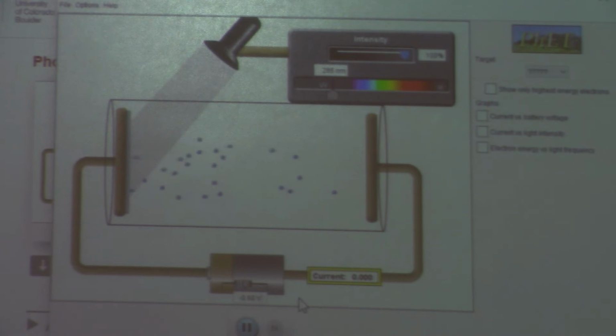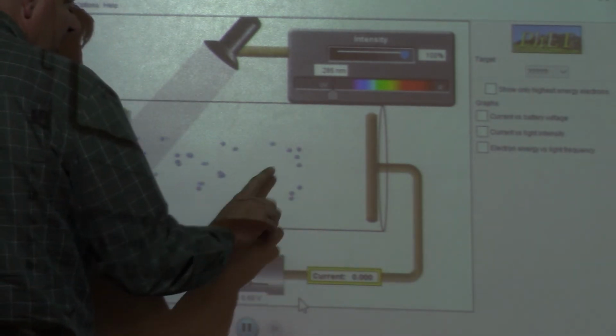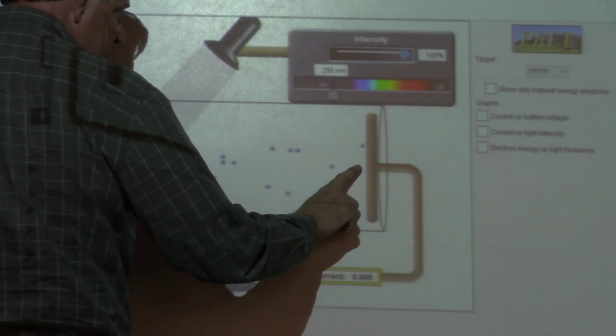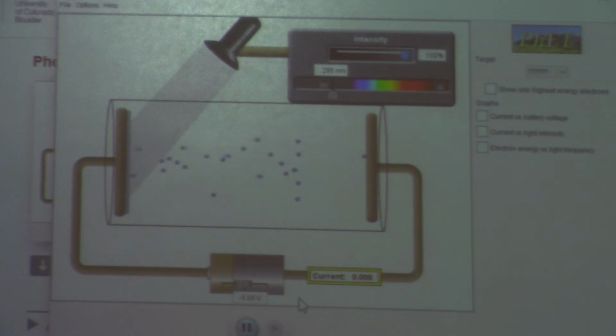Even though I don't show a current, I still notice some of these electrons are barely making it across, so I need a little bit more negative voltage. So I'm going to try negative 0.65. Give it a little bit of a boost.